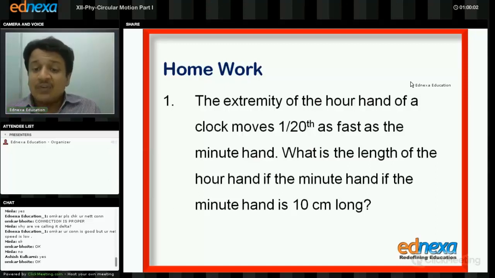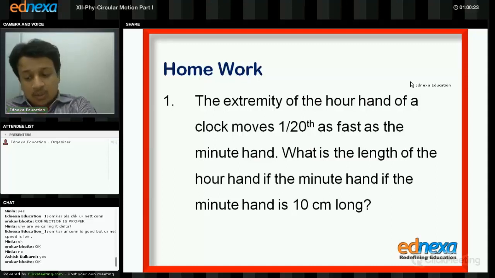What is the length of the hour hand if the minute hand is 10 centimeter long? Again I will repeat. The extremity of the hour hand of a clock moves 1/20th as fast as the minute hand. What is the length of the hour hand if the length of the minute hand is 10 centimeter? This is a JEE Main question. Try to solve it and mail it to our mail ID tomorrow.